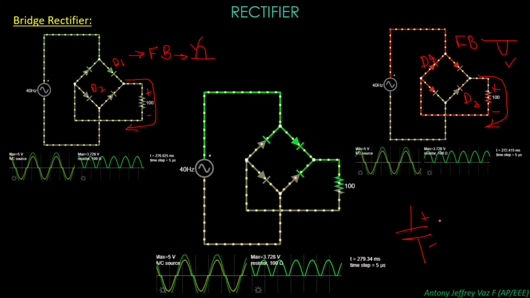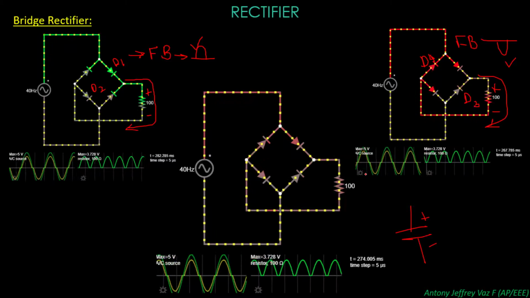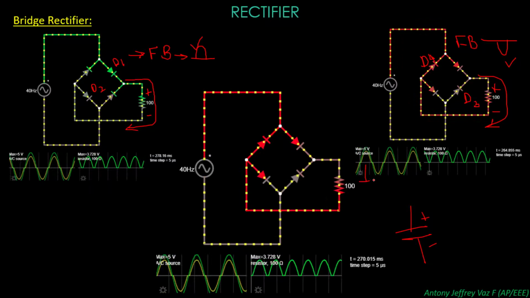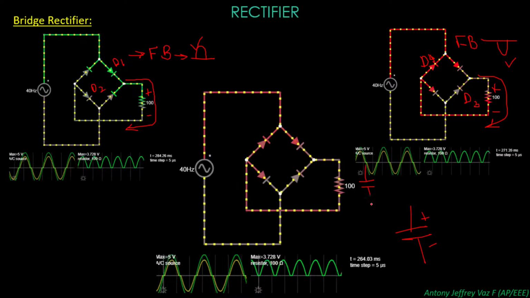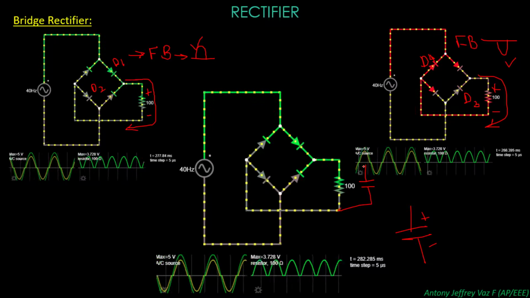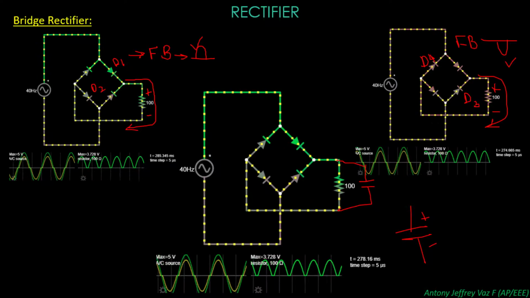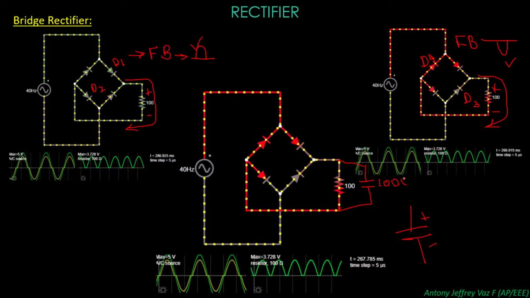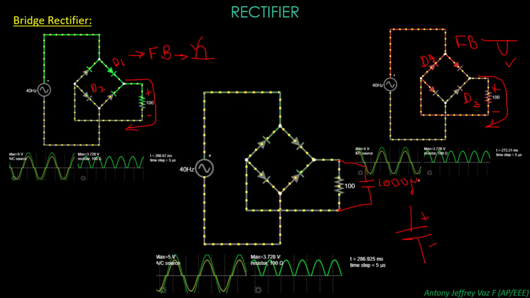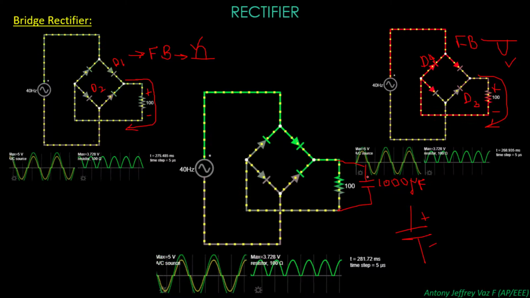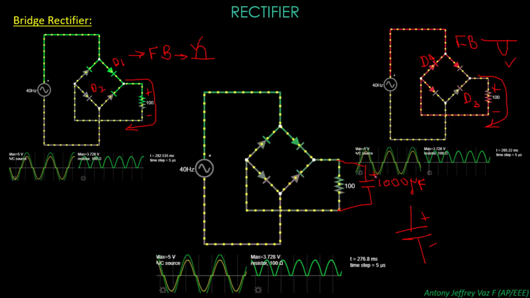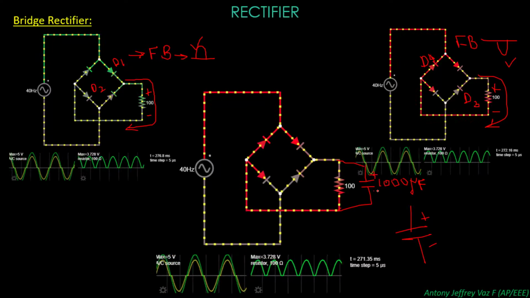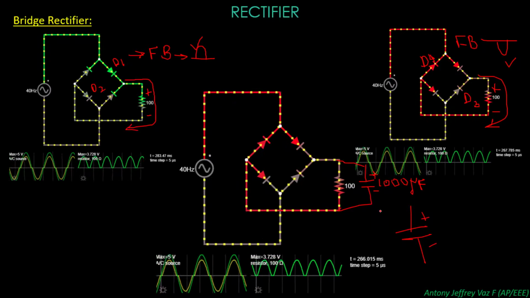These capacitors should be combined with the circuit over here, okay. You should combine the electrolytic capacitor with this. Assume the rating is 1000 microfarad, and this is the positive terminal of the capacitor and this is the negative terminal of the capacitor.